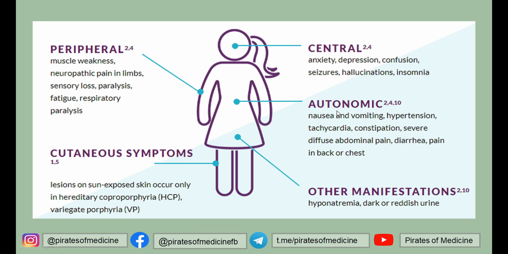Other autonomic and peripheral symptoms are nausea, vomiting, hypertension, tachycardia, constipation, and severe diffuse abdominal pain, or even peripheral symptoms like muscle weakness, neuropathic pain, sensory loss, and paralysis, and respiratory paralysis can occur. But the most characteristic symptoms of porphyrias are reddish color of urine, photophobia from light, skin lesions, and also some central nervous system symptoms.